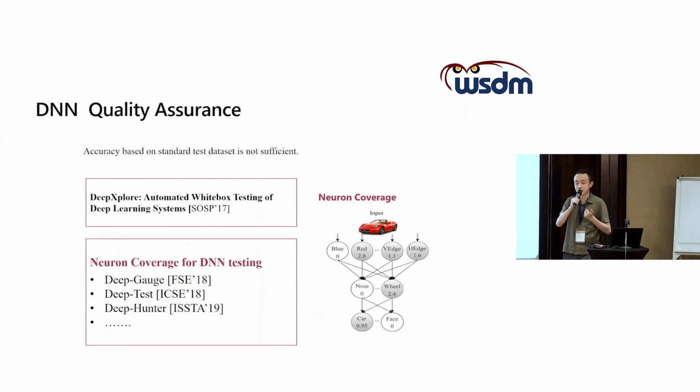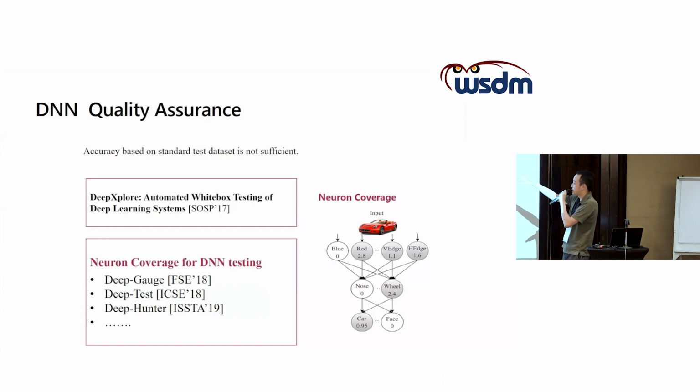As I just mentioned, for software we have a lot of ways to analyze robustness, but unfortunately, for deep neural networks, accuracy is still widely adopted to analyze the robustness and reliability of machine learning and deep learning systems. But accuracy is not sufficient to tell whether our AI model is robust or not.